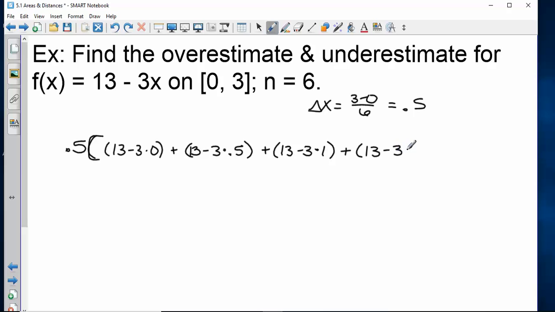We have 6 total. So it should stop here. If we plug those in, I get 27.75.